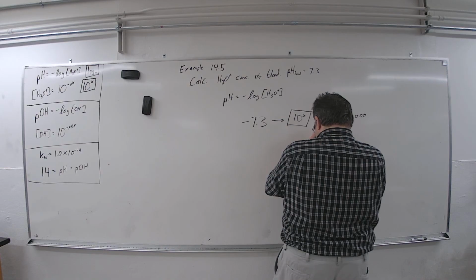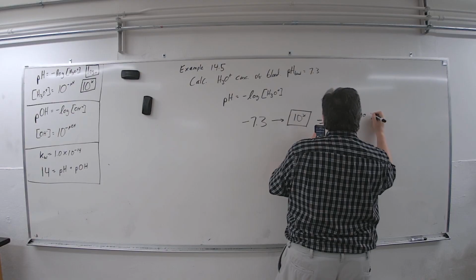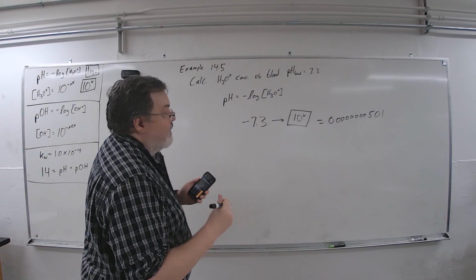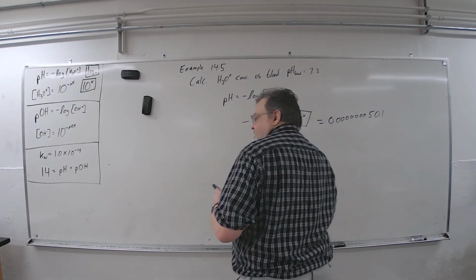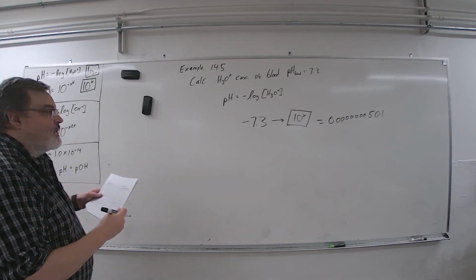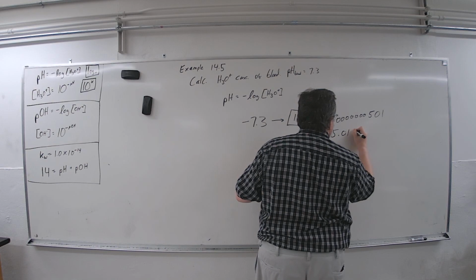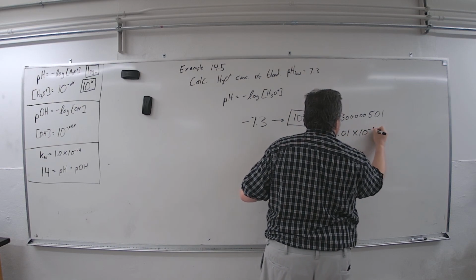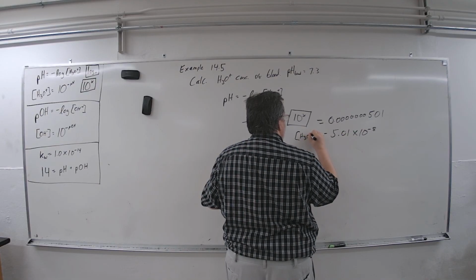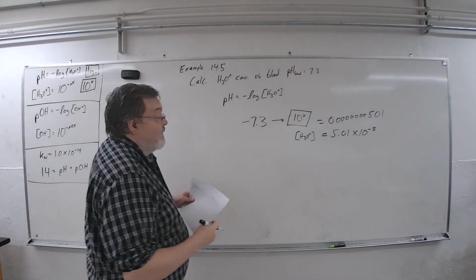1, 2, 3, 4, 5, 6, 7. This one's only tedious because of all those zeros.